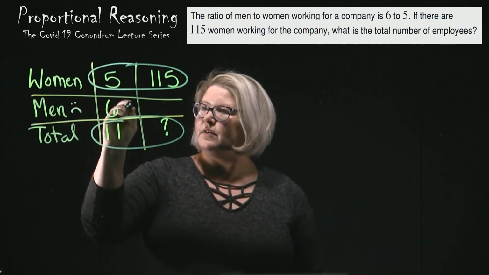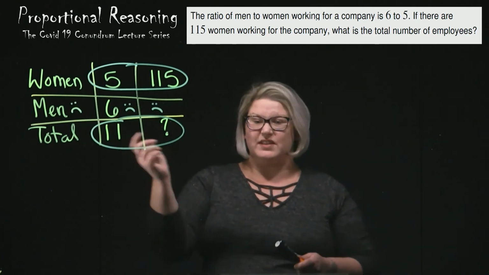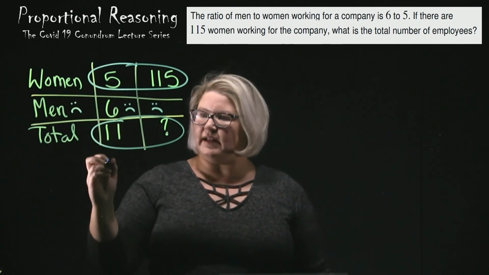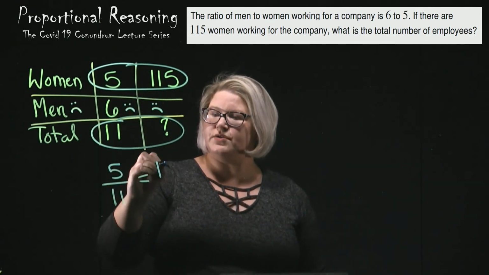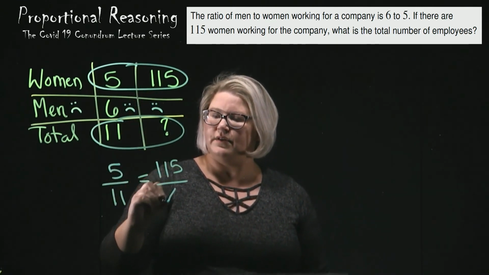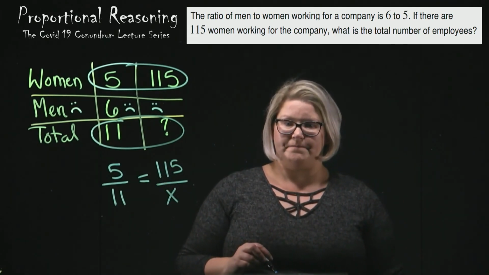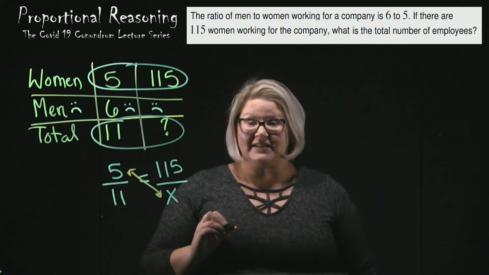Again, we're not going to use these values for our proportions. We're just using them to fill up the table. So I'm going to take 5 over 11, and I'm going to set that equal to 115 over x, because I don't know how many total employees there are. I'm going to set their cross products equal to each other.